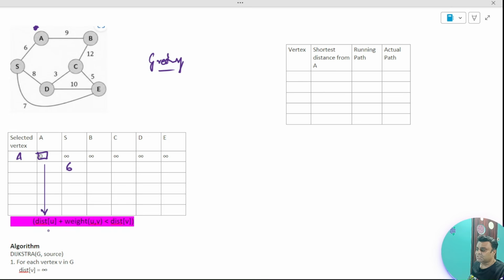So what is the distance of U? The distance of U right now is 0.